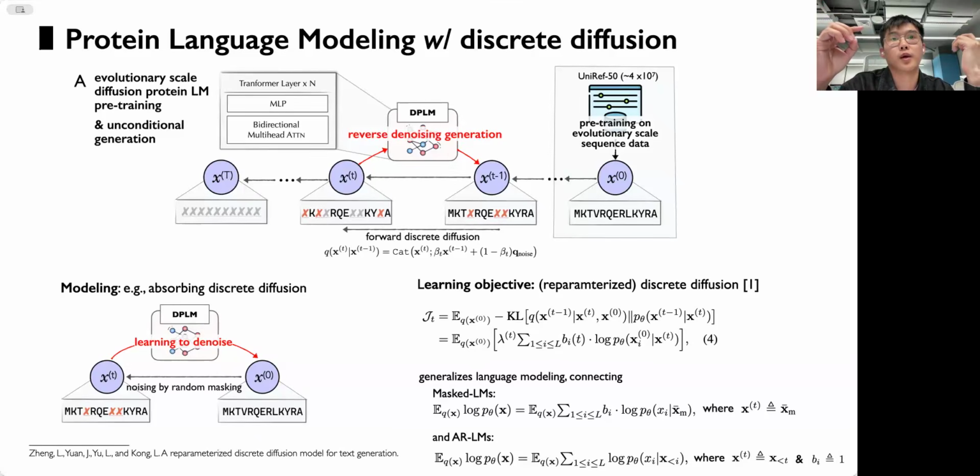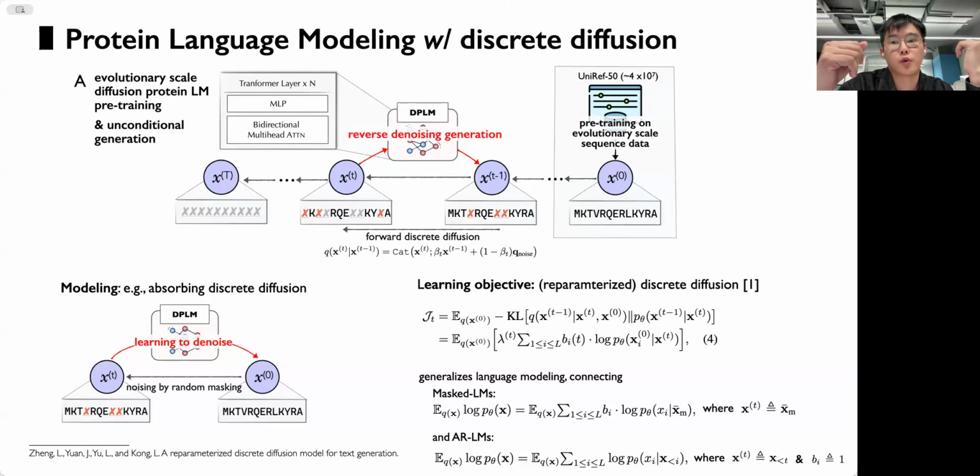But if you choose another kind of noising distribution, for example, the uniform distribution or any other distribution you can define, you can obtain other kinds of discrete diffusion models.